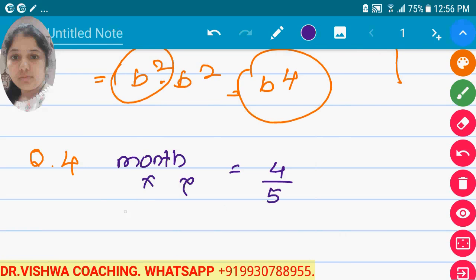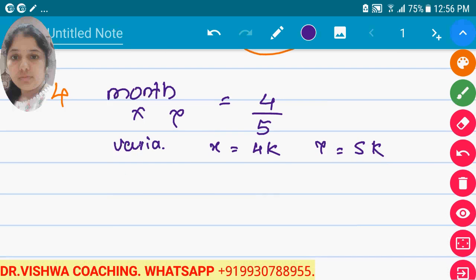Now if I assume the variable as k, so X person's income is 4k and Y person income is 5k. Okay, and their expenditure are in the ratio 7:9. So X expenditure is 7e and Y person's expenditure is 9e.